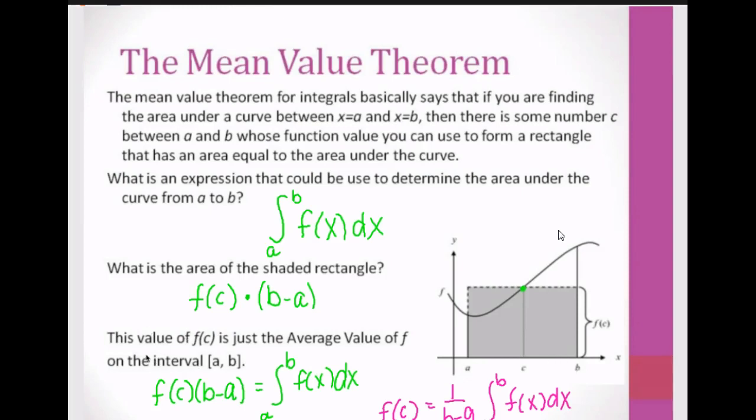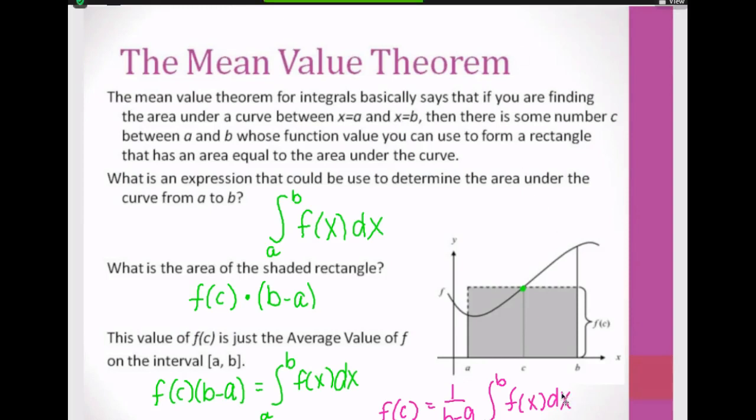So our average value function, f of C, is derived from that type of idea, where f of C stands for the average value, is equal to 1 over b minus a in the integral from a to b of f of x dx. So every time we do something new, it's kind of helpful to see where it is derived from.